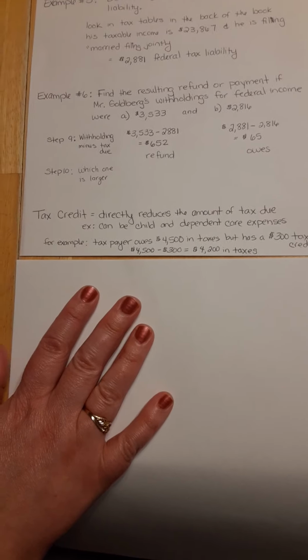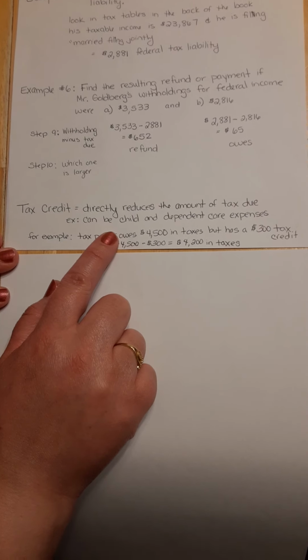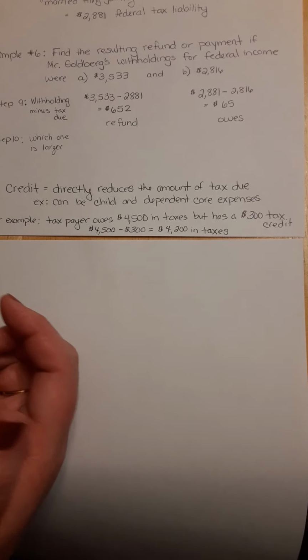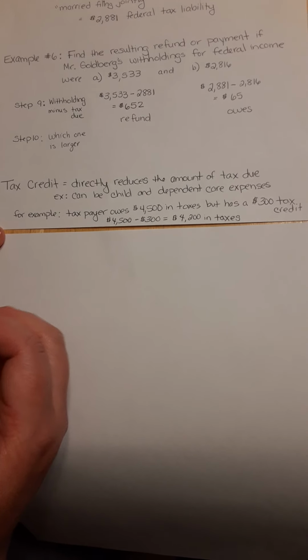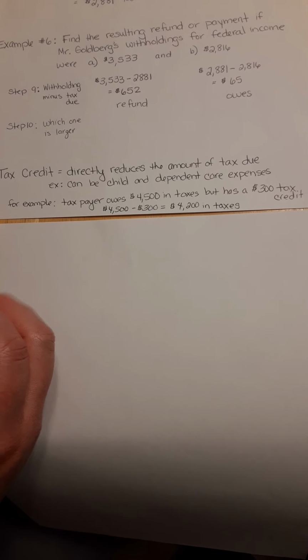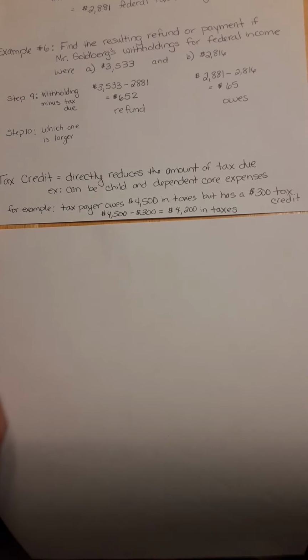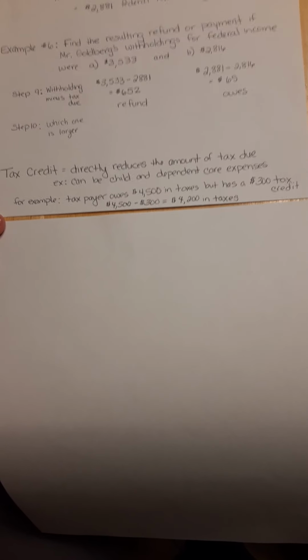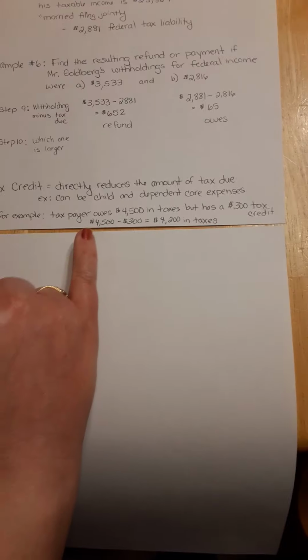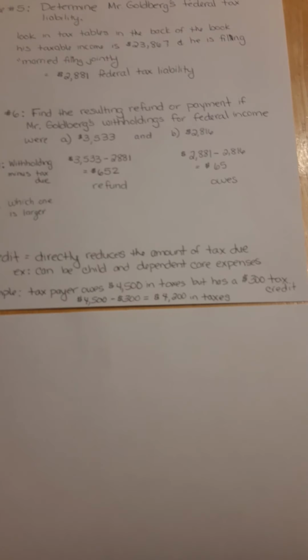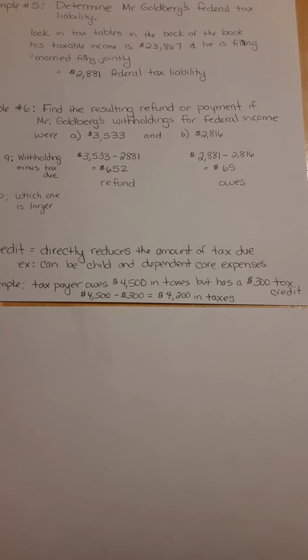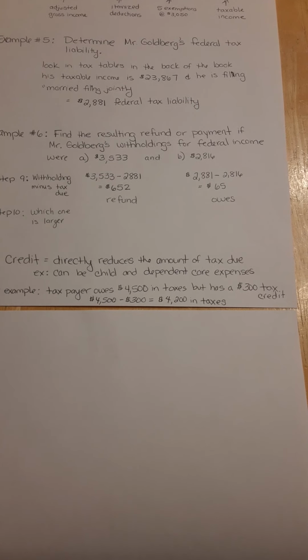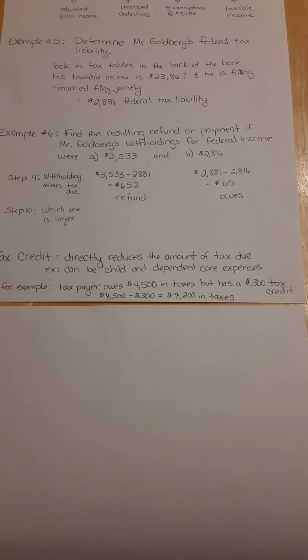And what could cause that? Well, any child support or any dependent care, say you have an elderly relative living in your house that you have to take care of, or any expenses, those can come out as a tax credit. And so that comes directly off your federal tax liability. So that is one other thing that we're going to use for this section.